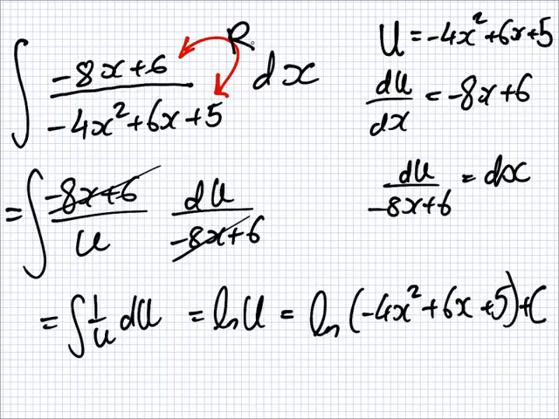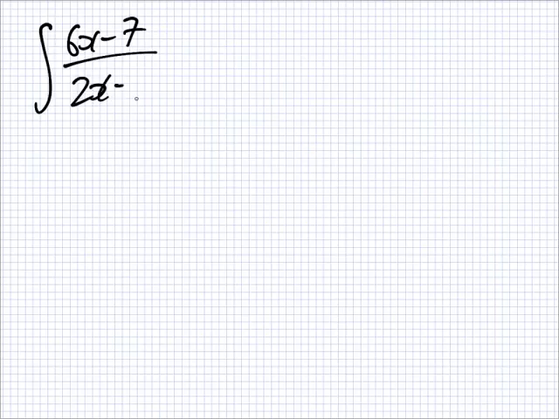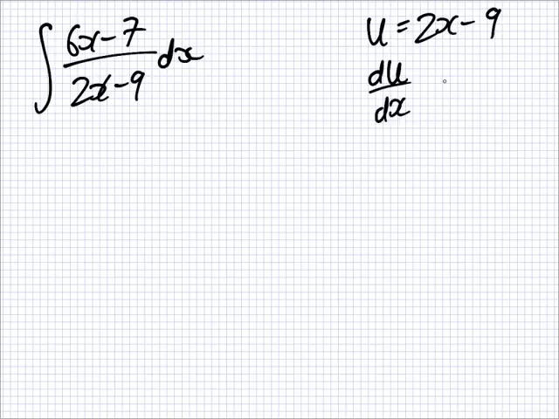Okay. Next example is when we have a linear over a linear. And here our method always works. We let u equal 2x minus 9. du dx equals 2, du over 2 equals dx.